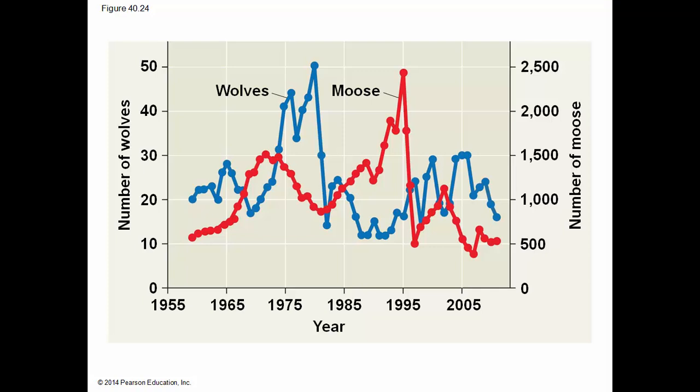So here's the wolves and the moose. Here's a little wolf population increase, causes a moose population increase, causes a wolf population increase. Wolf population increase causes a moose population decrease. Wolf population decrease causes the moose population increase. Okay, you get the idea. One goes up, the other goes down.